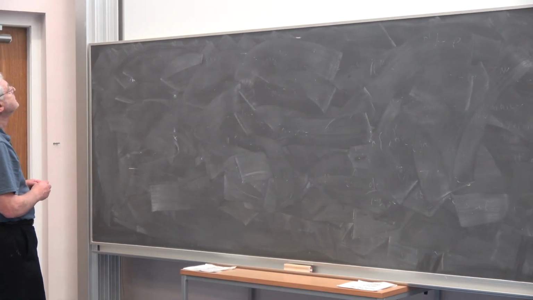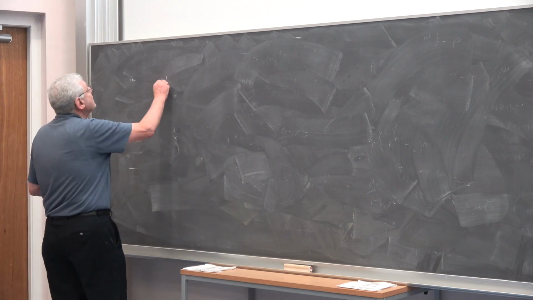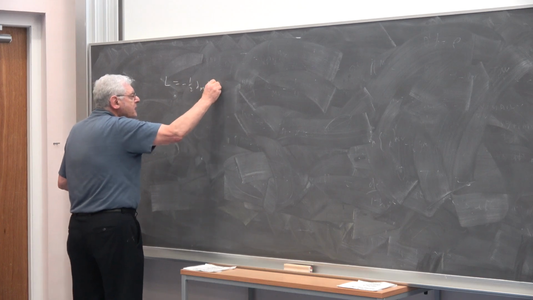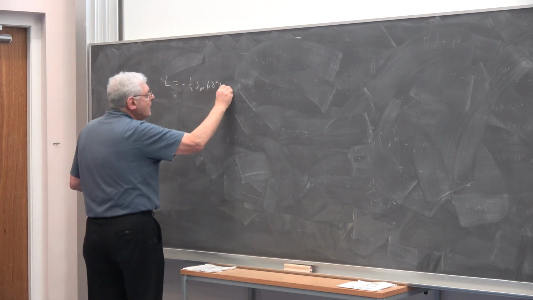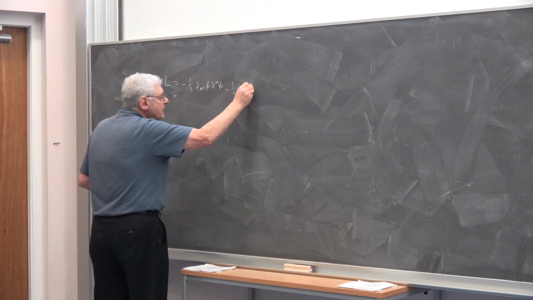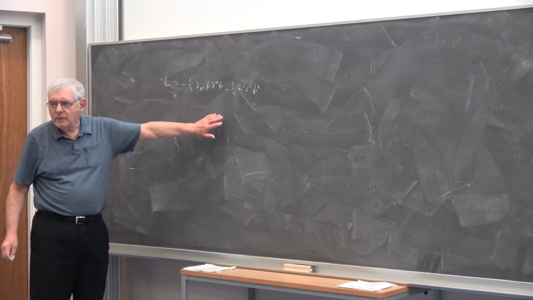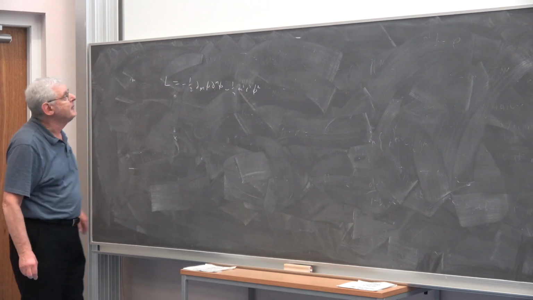Well, let me just show you what it is. The Lagrangian is minus a half ∂μφ ∂^μφ minus a half m squared c squared φ squared. That's just a free scalar field with a mass, kinetic energy plus a mass.